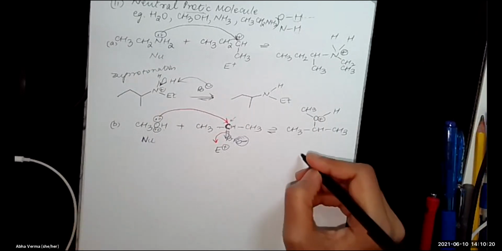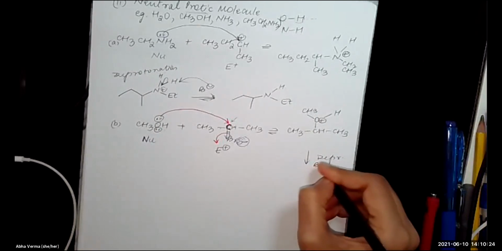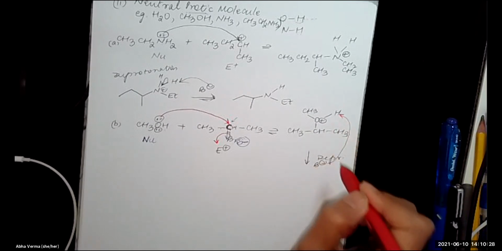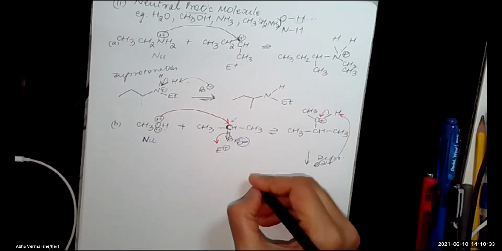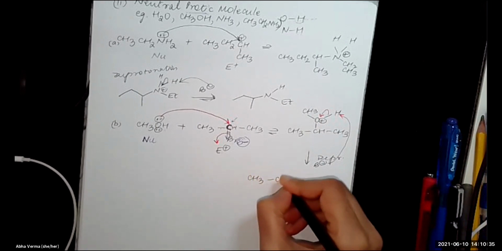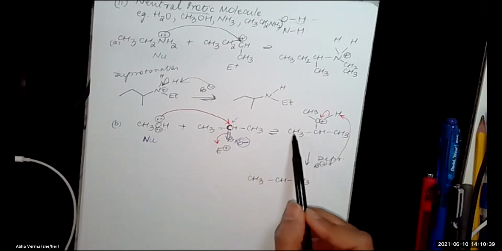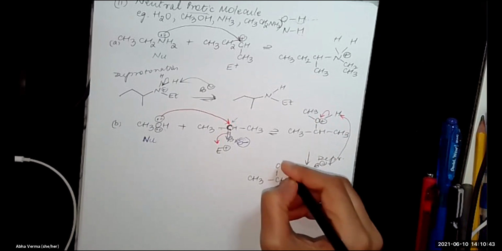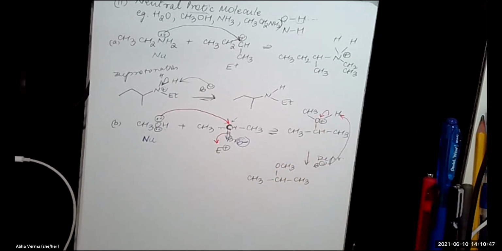What will come next is the deprotonation. I have my base. The base will go collect this hydrogen. This hydrogen bond will break and a neutral molecule will be generated. So remember, this comes from here, and this O, CH3, comes from here.